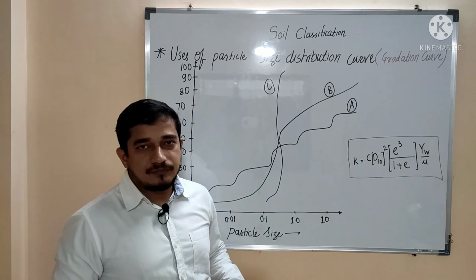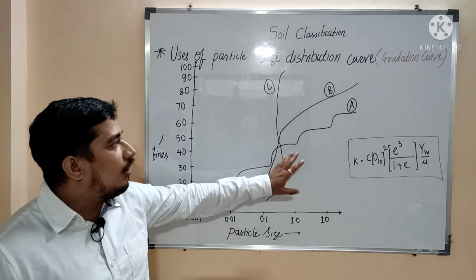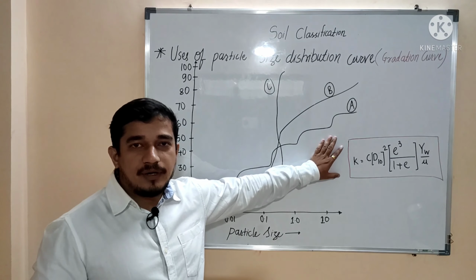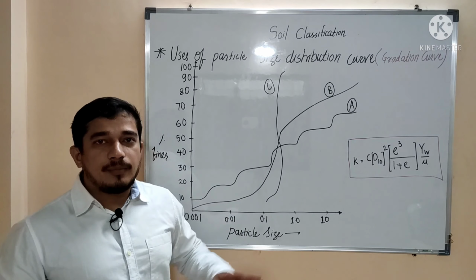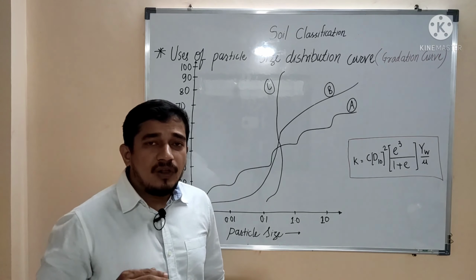As we know, the compressibility will depend on the particle size. If all the particle sizes are present, it means that if the soil is well graded, the number of voids will be lesser. So such a soil will be less compressible as compared to uniformly graded soil or skip graded or gap graded soil. So compressibility can also be indicated by this curve.